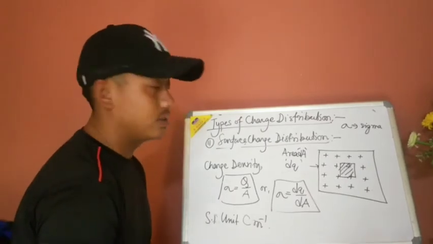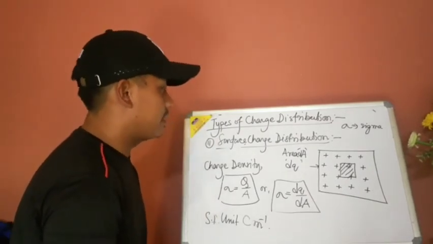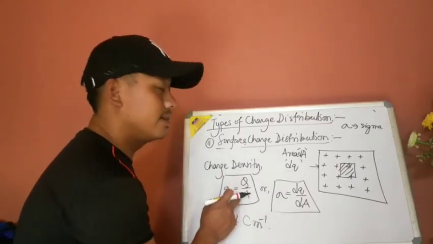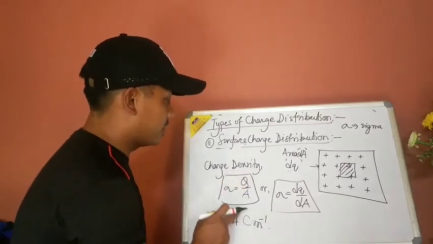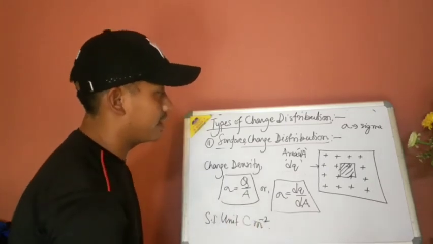So this is the second definition, the second type of charge density. It is charge divided by area, whereas the previous one was charge divided by length. Then the SI unit will be coulomb per meter square.